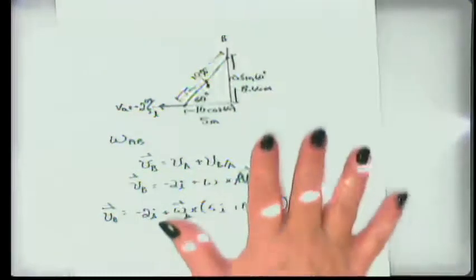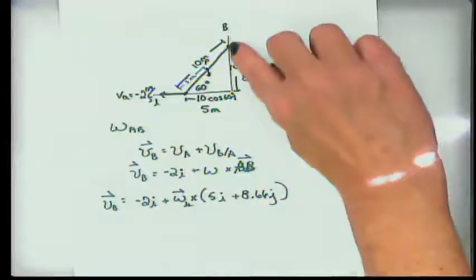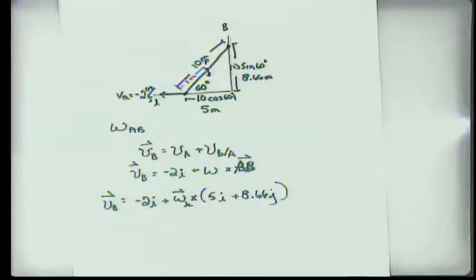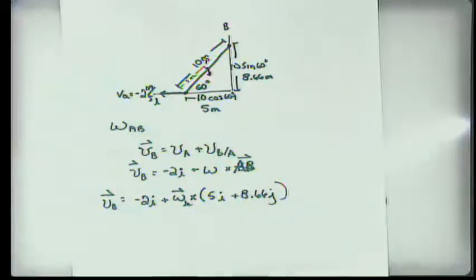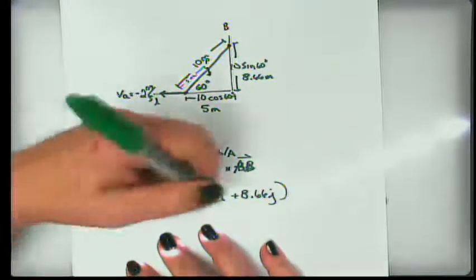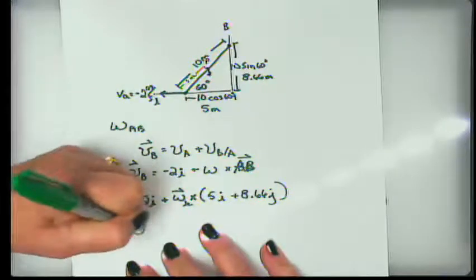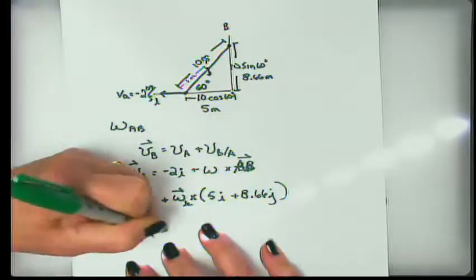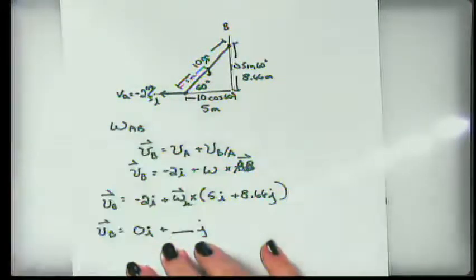All right, now right now we don't have enough information to solve the problem, except we know something about B. How is the motion of the ladder restricted? That is correct. B is going to go directly down. In other words, V sub B is going to be 0I. It's really going to be negative, but it's going to be plus something in the J direction.